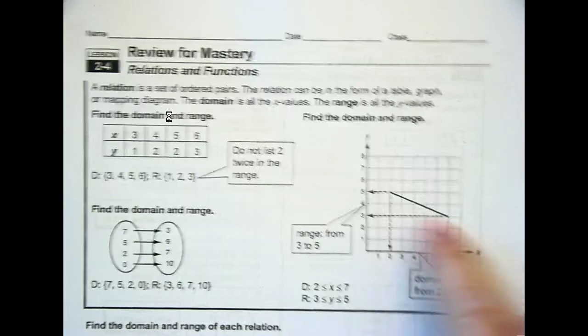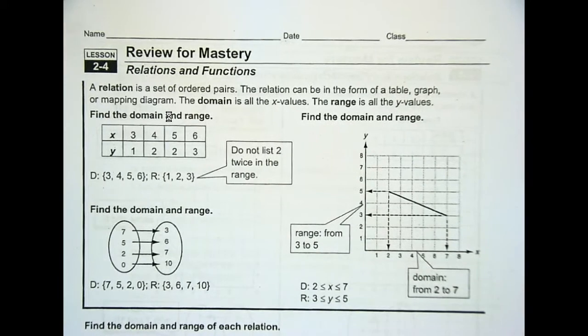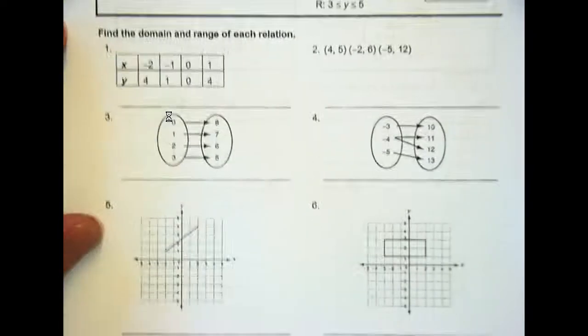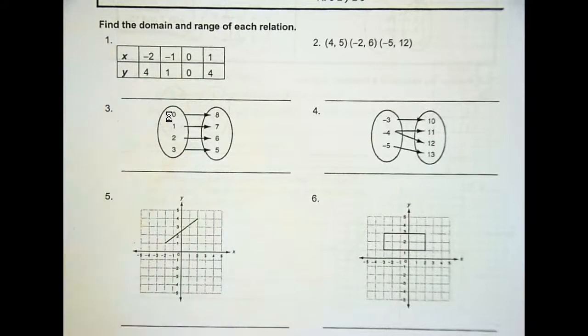With the exception of how to list domain and range. I'm going to go through that with you right now. But I want you to do 1, 3, and 5 on your own right now. So off this bottom part, work on 1, 3, and 5 on your own. You can even work with your groupies if you want.